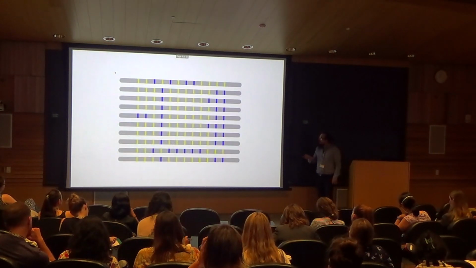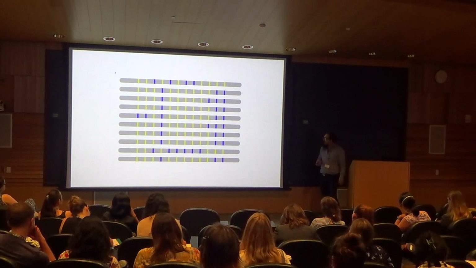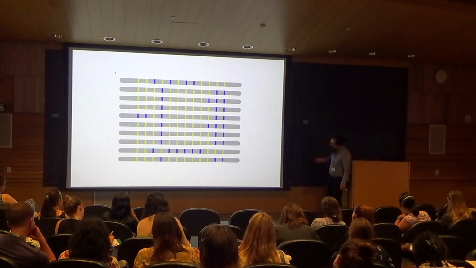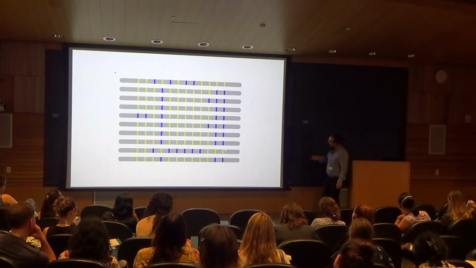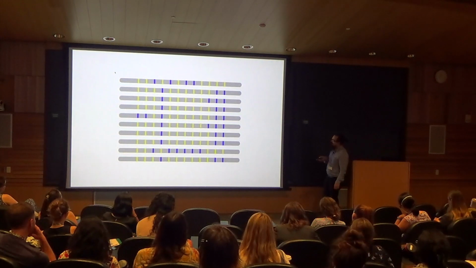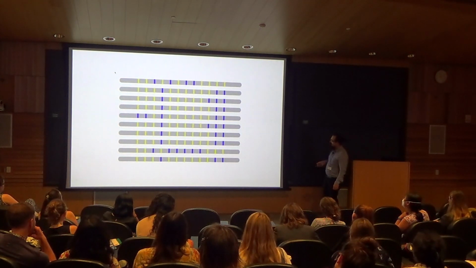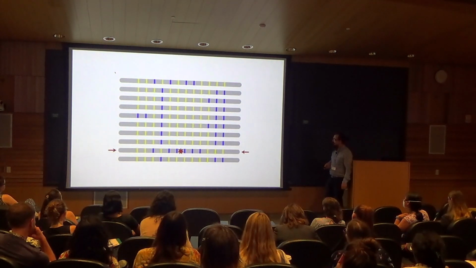All right, just so we can orient ourselves, I have this little cartoon here of 10 haploid genomes. The horizontal gray bars represent a chromosome, and the vertical colored bars represent different mutations and different alleles. So suppose we have an adaptive mutation that arises on this haplotype, and so this haplotype ends up sweeping through the population.